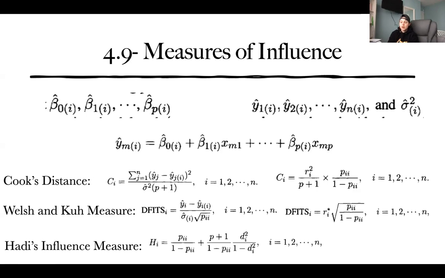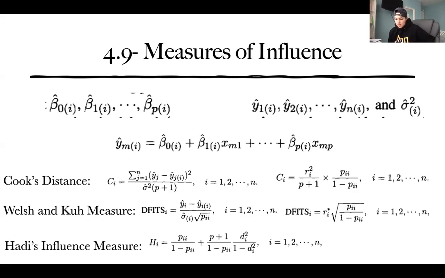So if we have a large Cook value, then that can determine that the point is indeed influential. So if we look at all the Cook values on the graph, we can use that to determine which point, if any of the points, are influential.